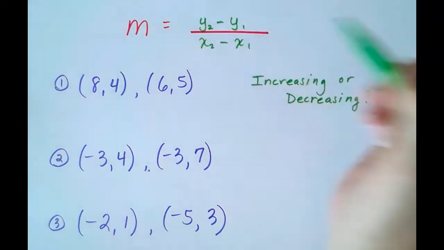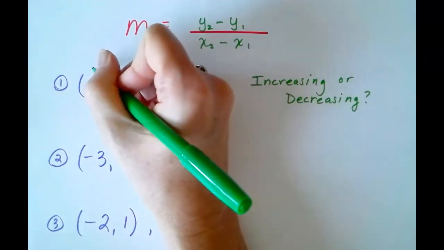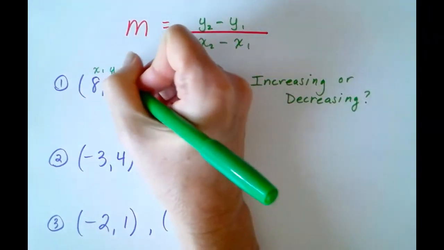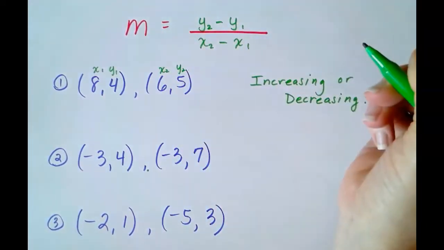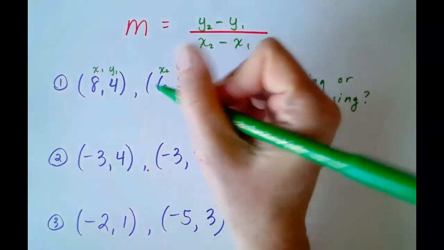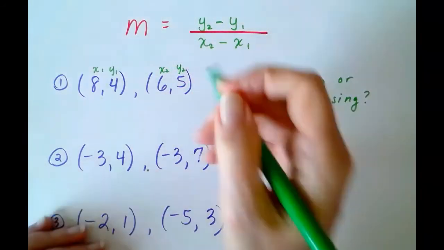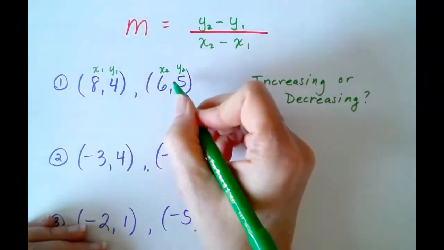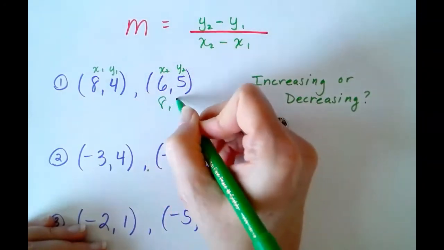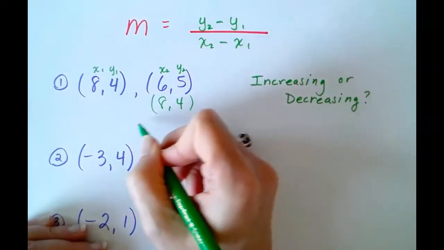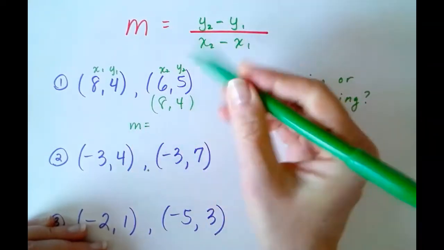And order is important here. So here's x1, here's y1. Here's x2, here's y2. I like to line them up vertically and think about them as just doing subtraction. So here's x2, y2. Bring x1, y1 underneath, and then all we have to do is subtract.